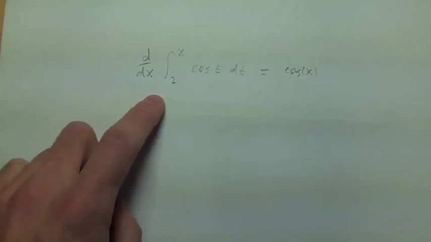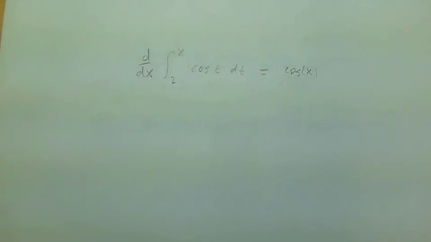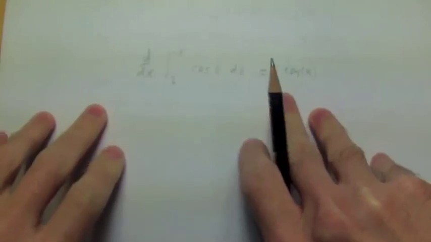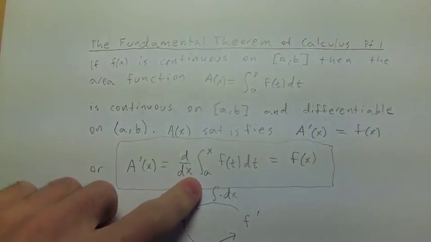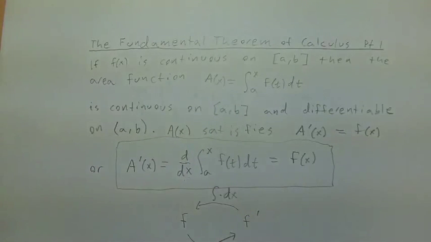The derivative and the integral cancel, and you put the x into the variable there. Replace t with x, and that's pretty much it. So that's the first part of the fundamental theorem of calculus. Basically, it tells us that the derivative and the integral cancel, at least in this order.